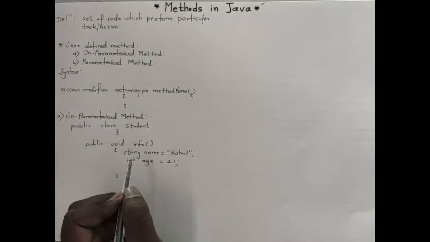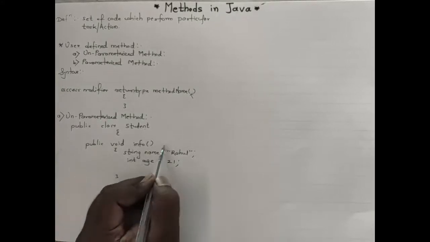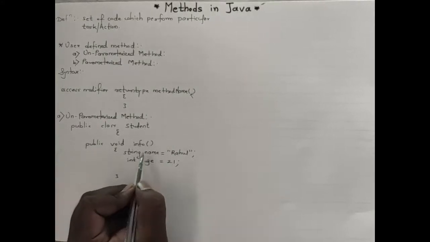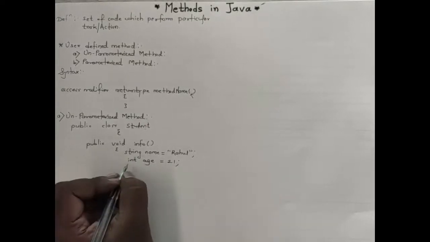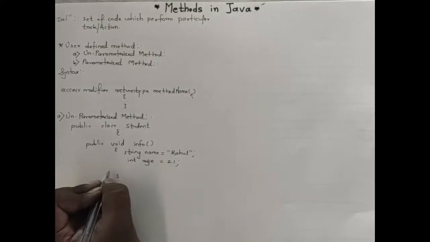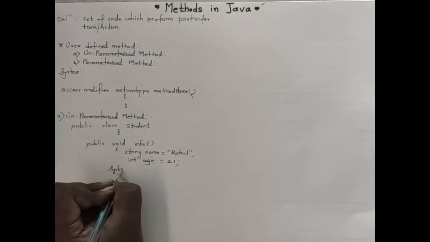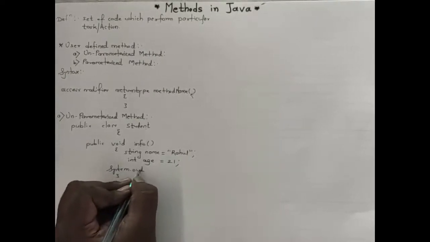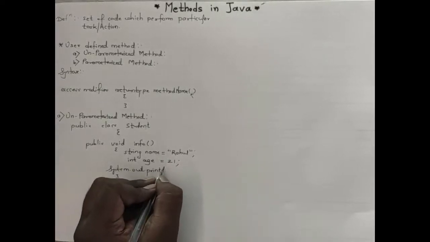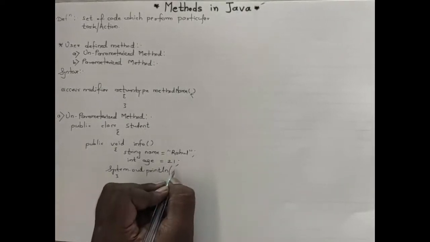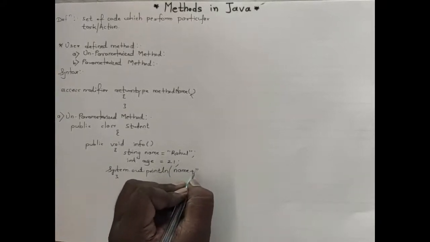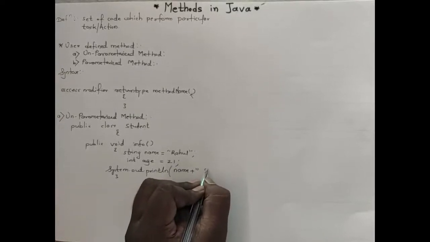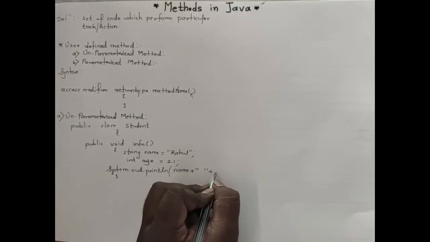So we have a total of 8 primitive and 1 non-primitive data types with us. We can use any data type here. There are no limitations. Just for understanding purposes, I used these variables here. So here I am writing the printing statement for those variables. System.out.println(name + " " + age).